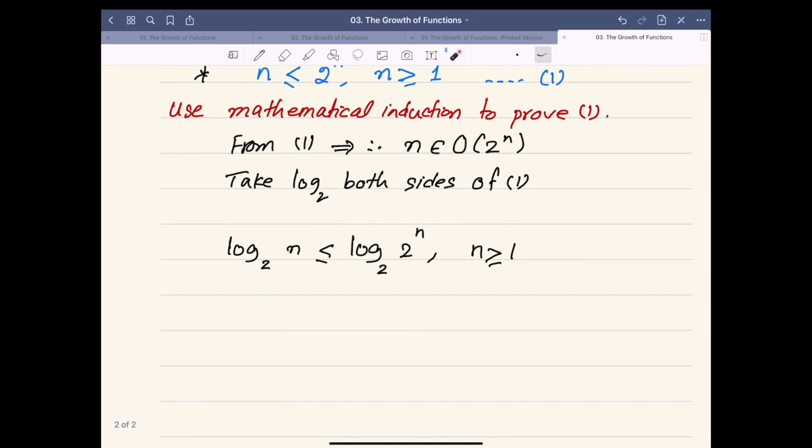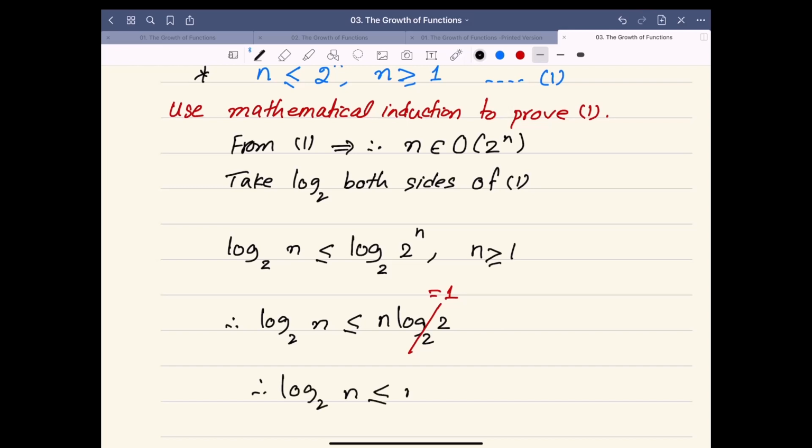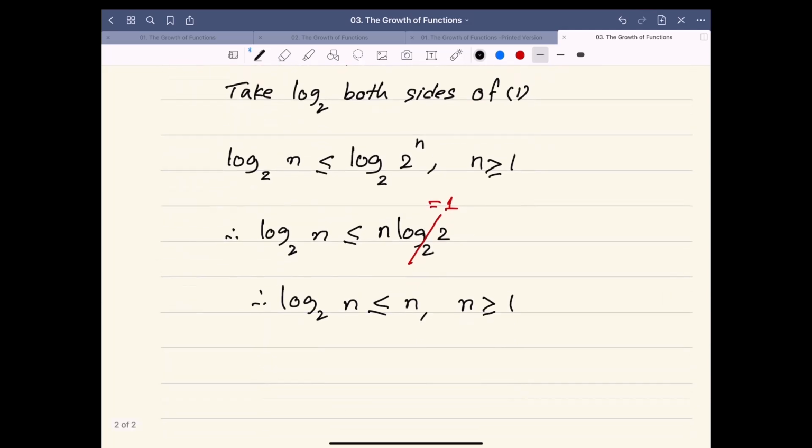Now apply the rule for power inside log, and we have log 2 n less than or equal to n log 2 of 2, and you know that log base 2 of 2 is equal to 1. So the resulting inequality is log 2 n is less than or equal to n for all n greater than or equal to 1. And from here we can say that log 2 of n belongs to big O of n.